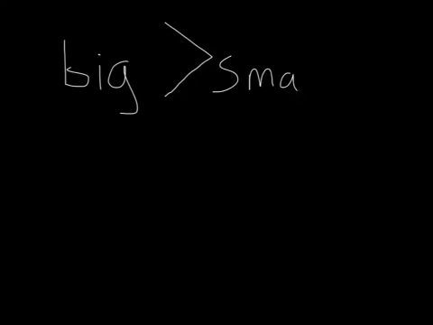Alright, just to review, whenever you have a greater than or less than sign, the open part, the one with the space, is always facing towards the bigger end. The side with the point is always facing towards the smaller end.